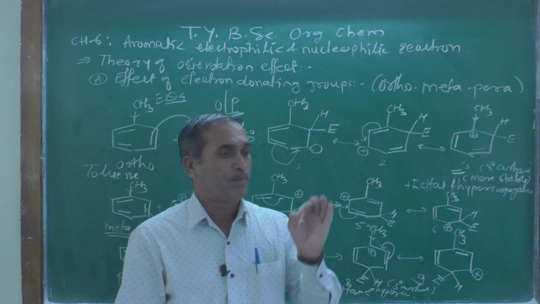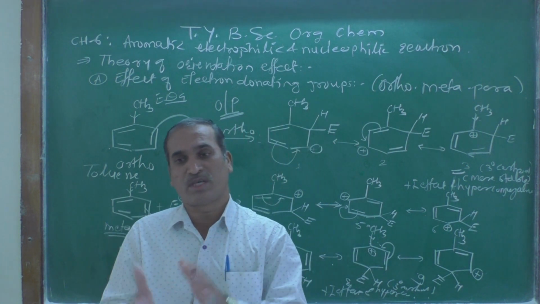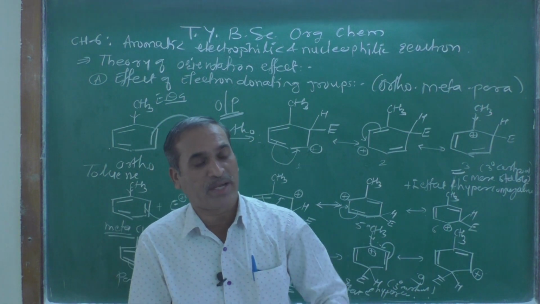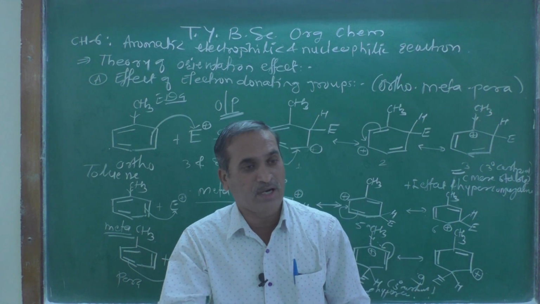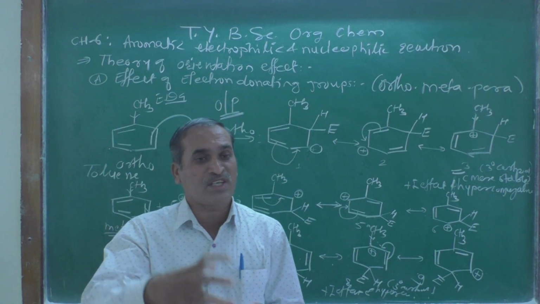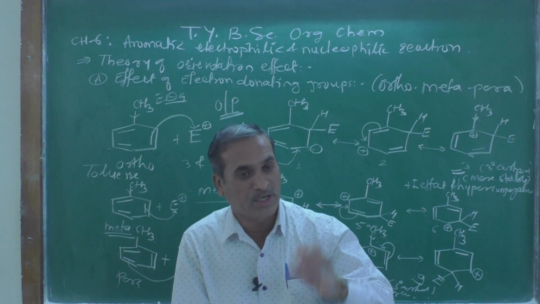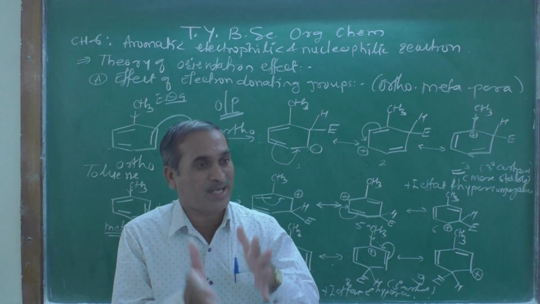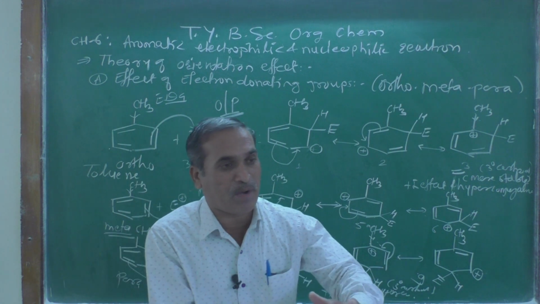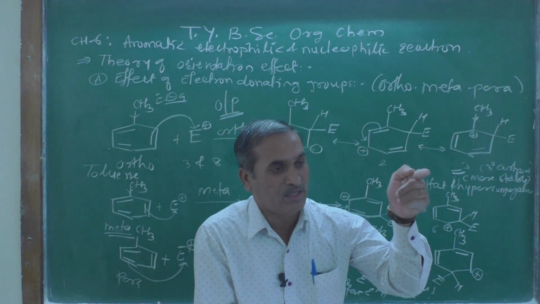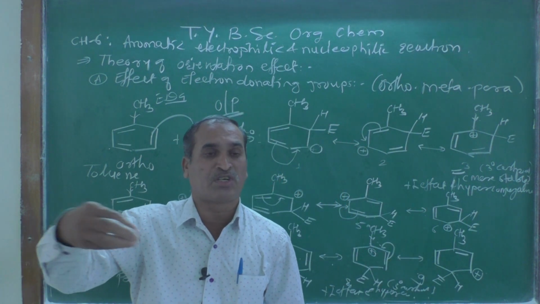In general, the para product is major as compared to the ortho, depending upon the substituent on the benzene and the incoming group. The percentage of ortho product and para product depends upon the size of the substituent present on the benzene ring and the size of the incoming group.